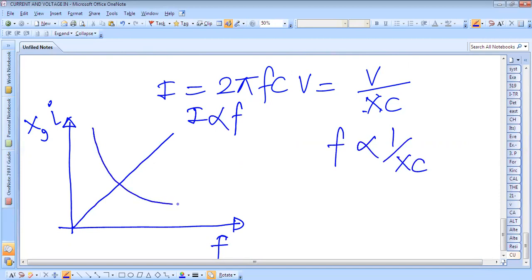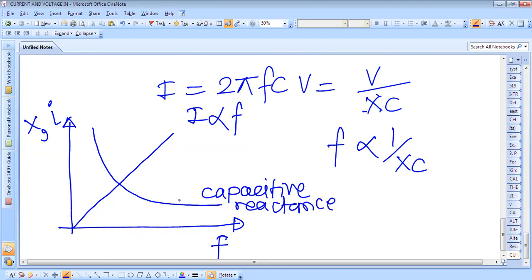Here the capacitor reactance varies inversely with the frequency, and the current varies directly with the frequency.